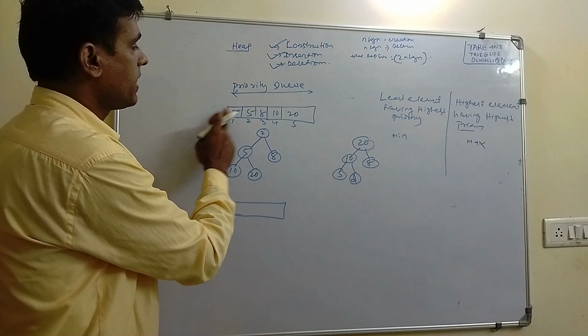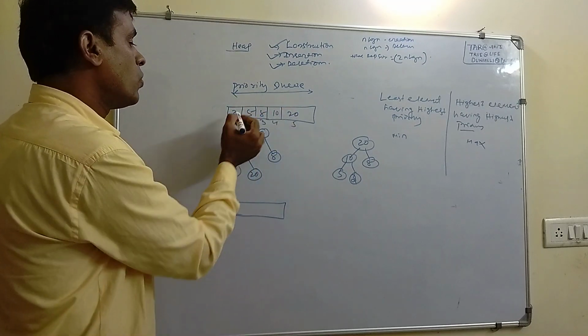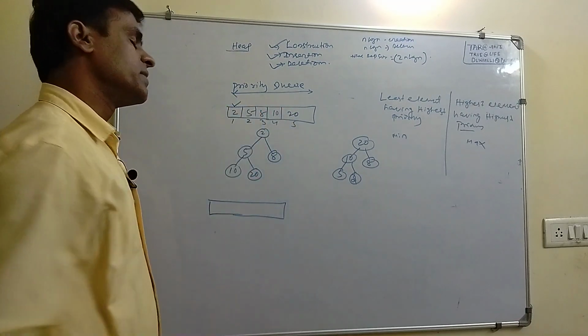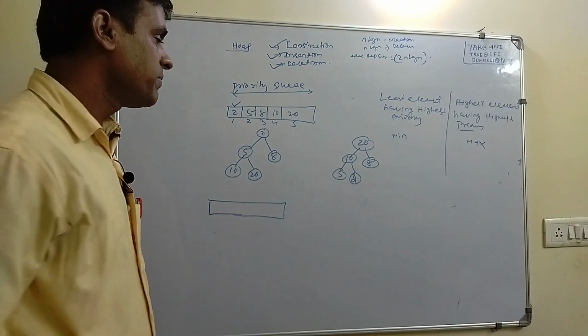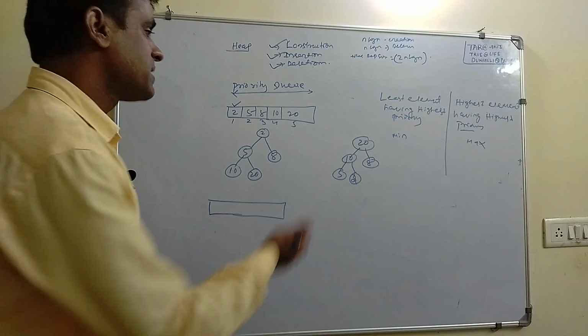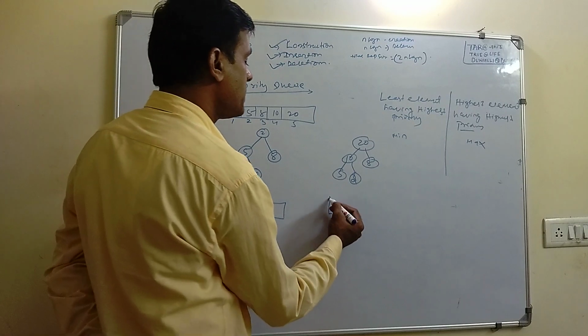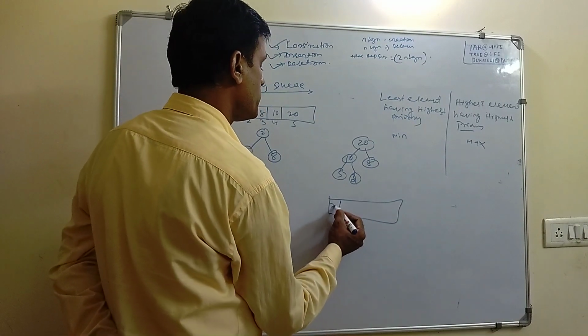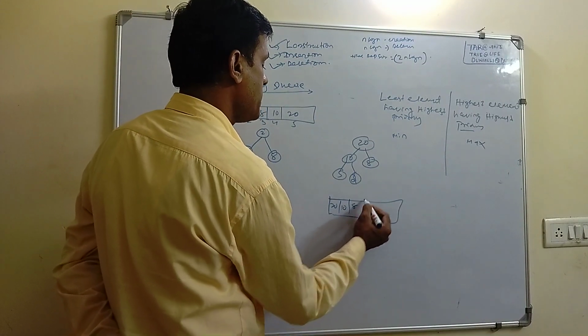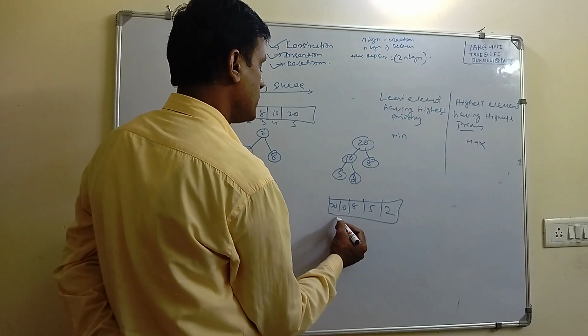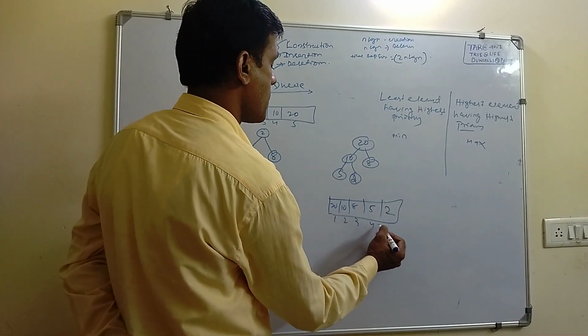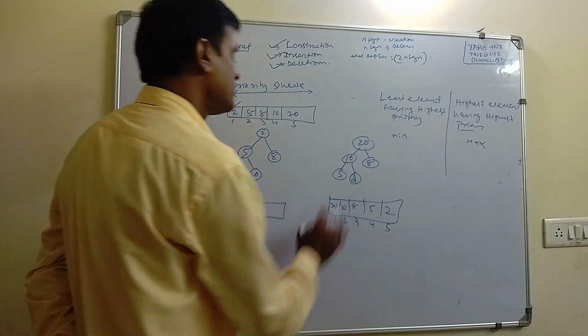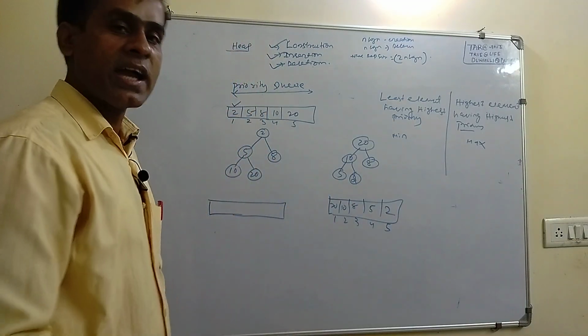Here these are my elements. Who is the least element? I will delete it first. That means we will use min heap. But if it is a max heap, then these elements will be represented like this. This is 20, this is 10, 8, 5 and 2, and the priority for this is the highest element having highest priority.